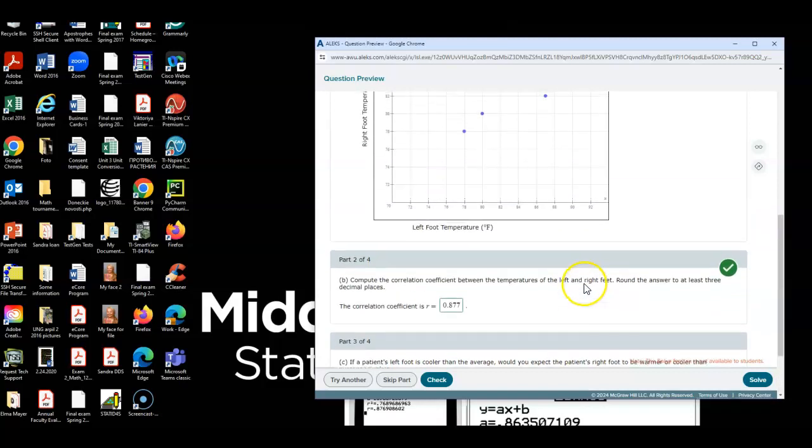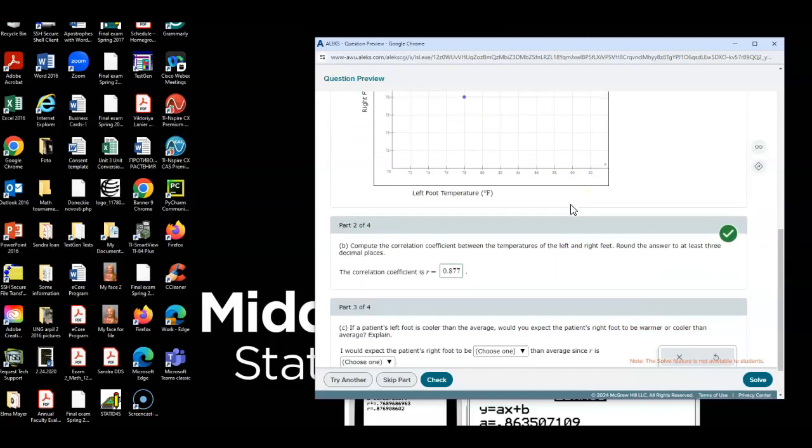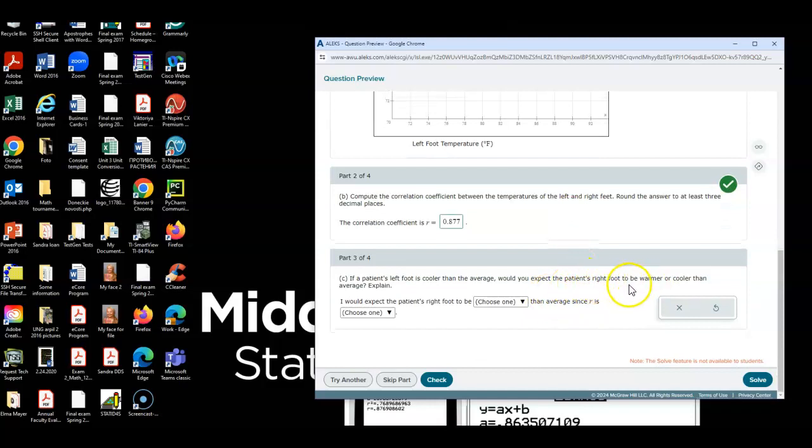For larger values of x, you will have larger values of y, meaning warmer. So I would expect the right foot to be cooler than average, since r is positive.